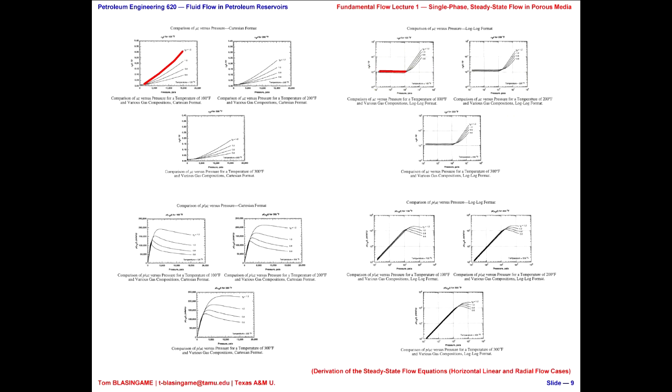This is an empirical observation that the product mu z versus p is essentially constant when you're looking at it on a logarithmic scale. Of course, then it takes off, right? Cam, based on that red horizontal line, can you say that mu z is approximately constant until 2000 psi?